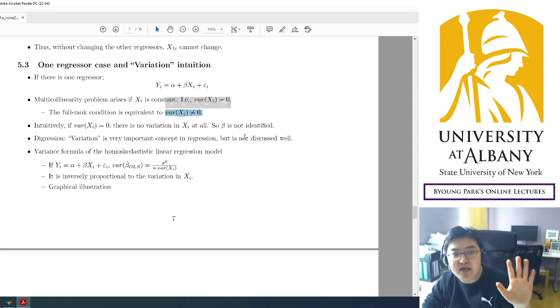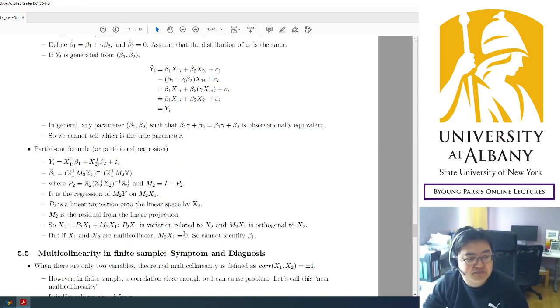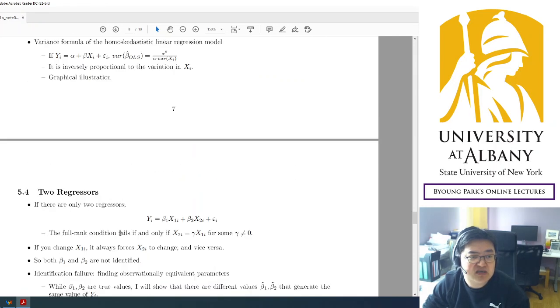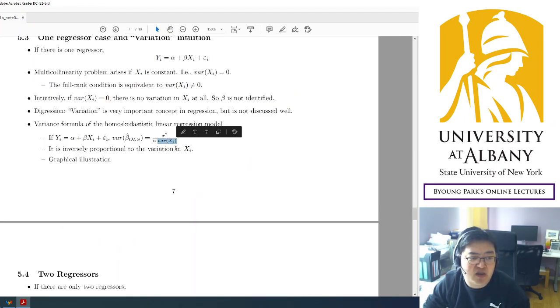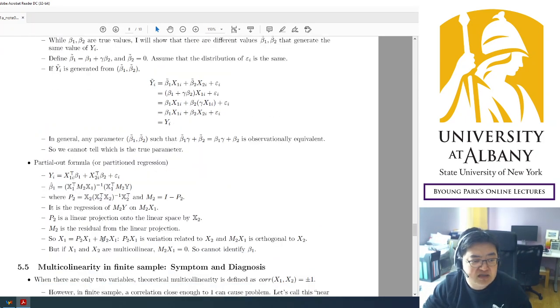And you may apply the same idea to this case, to the partial out case, because after removing the effect of x2, you may understand that the residual is the only regressor of this equation. So the variation in this residual is playing the same role as this guy. So the important variation is the variation in the residual.